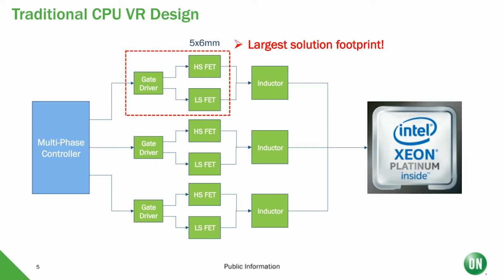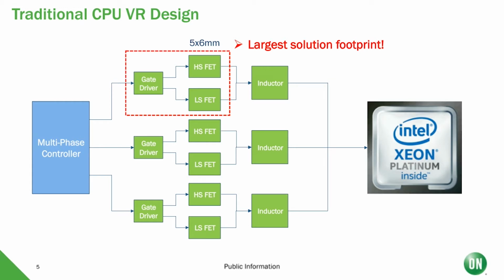So what do we do with the power supply in regards to the FET technology, the actual power component, which is the gate driver, the high side FET and low side FET? Originally, dating back to a decade ago, we would design this voltage regulator with a discrete gate driver, a high side FET and low side FET.